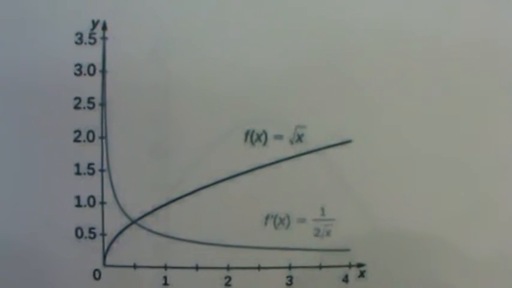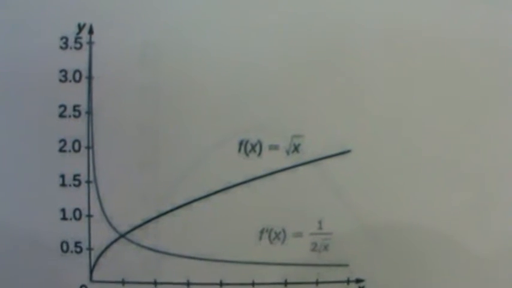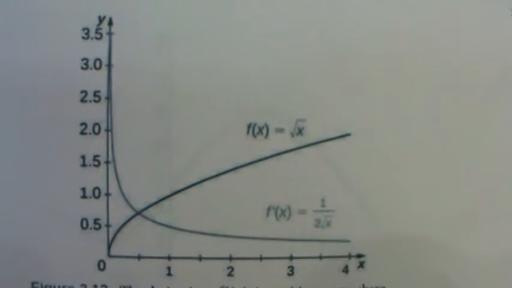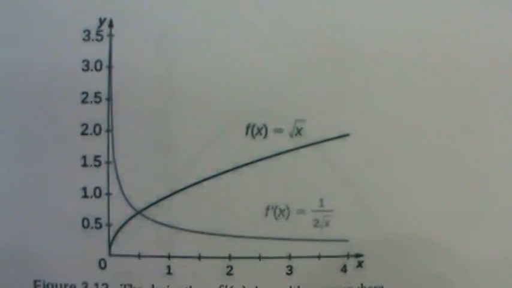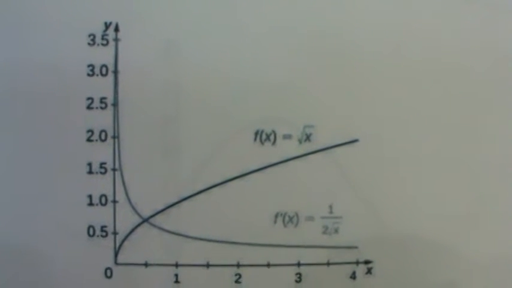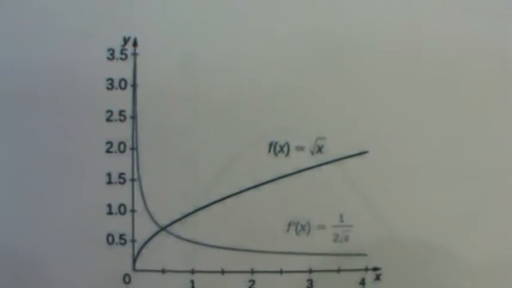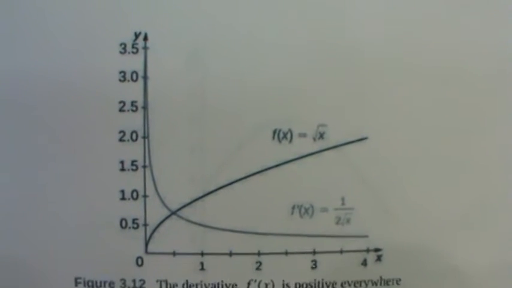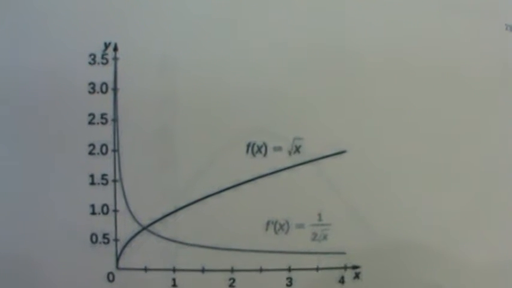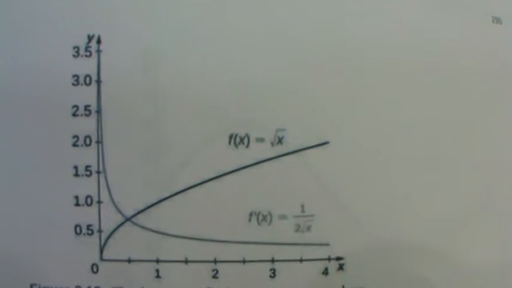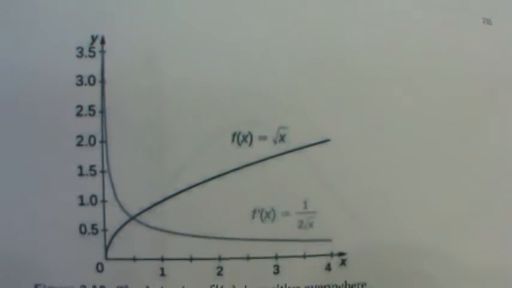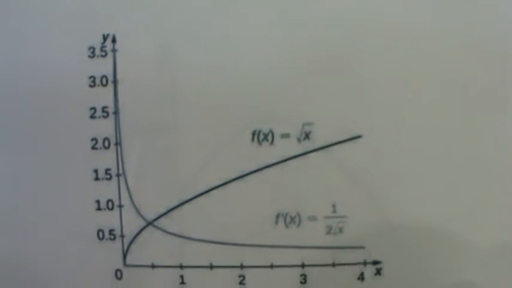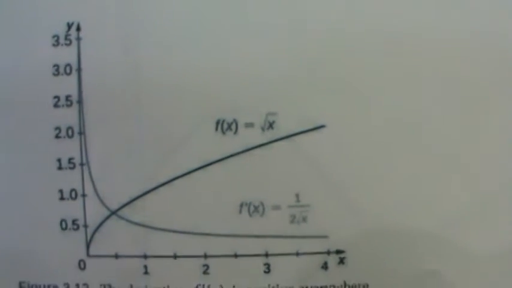And if we understand that the derivative is just the slope of the tangent line at a point on the function, and since this function f of x is increasing over the entire domain, we would expect the slopes of the tangent lines to be positive over the whole domain.